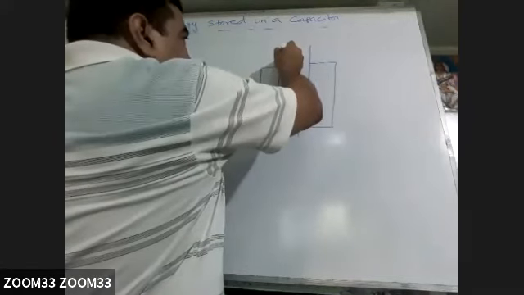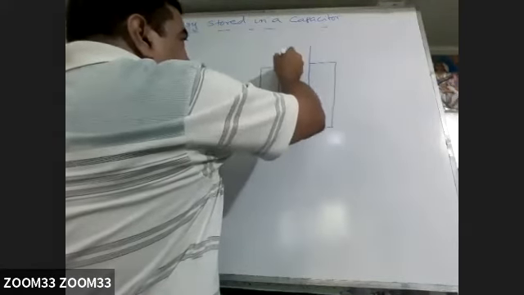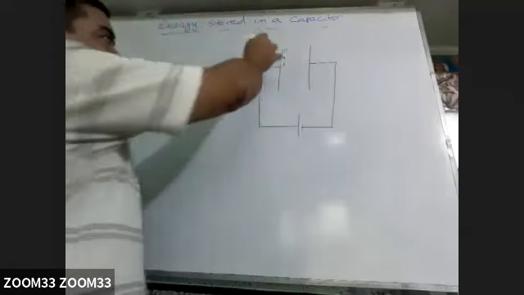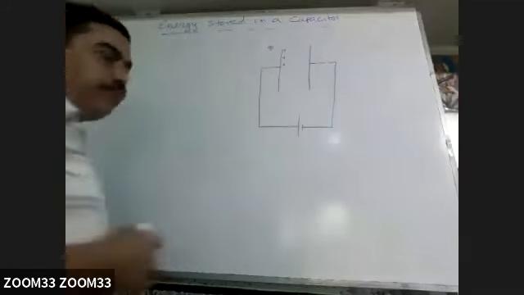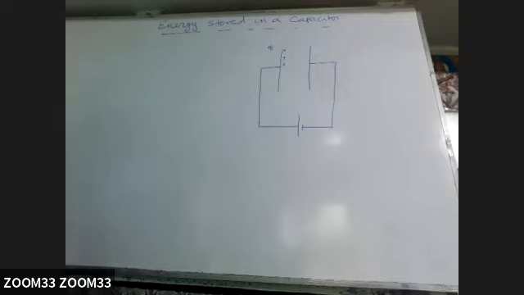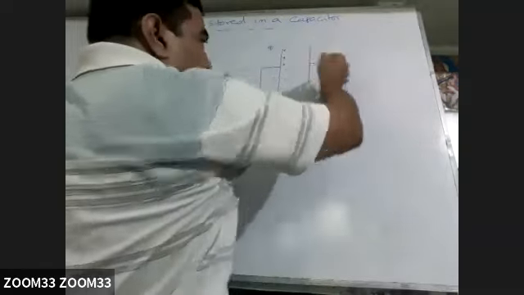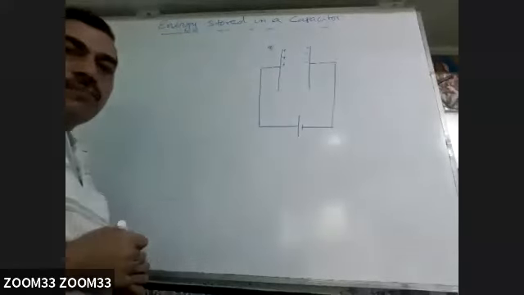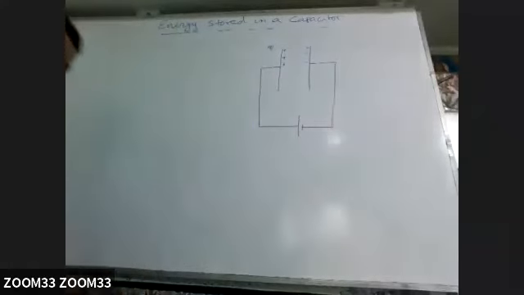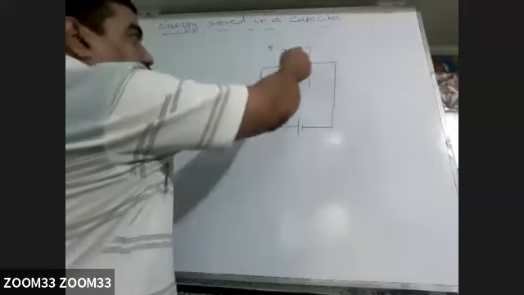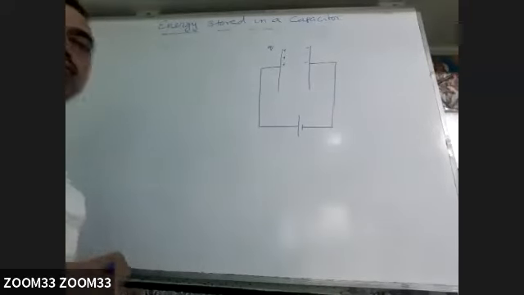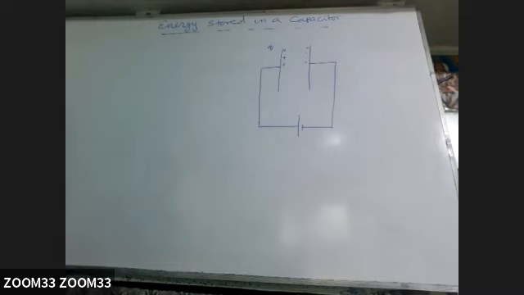The source will start giving charge to this plate. Suppose at any instant this charge Q has come on this one. The same amount of charge, Q, will be on the other plate, and the same number of electrons will come. Whatever electrons are given by this plate, the same number will enter the cell.